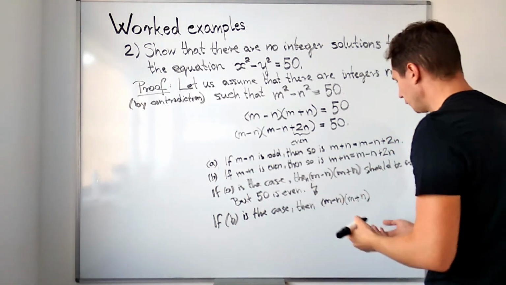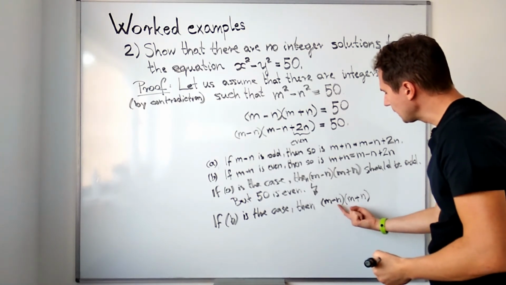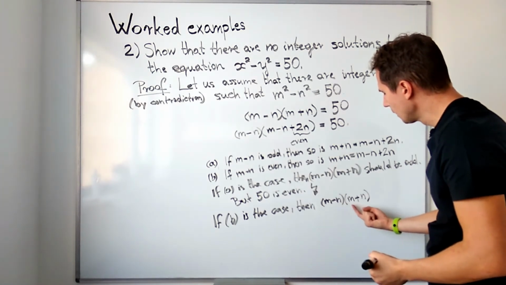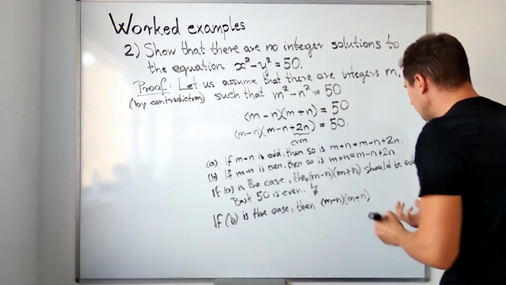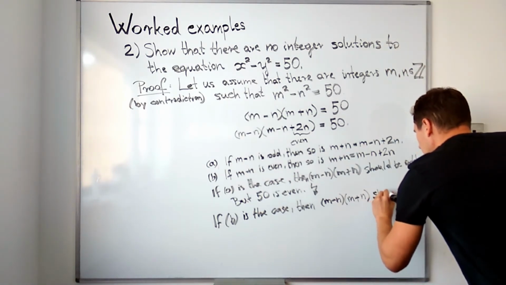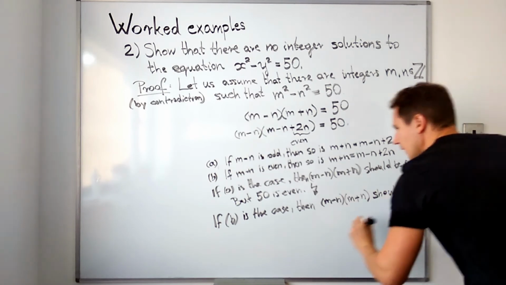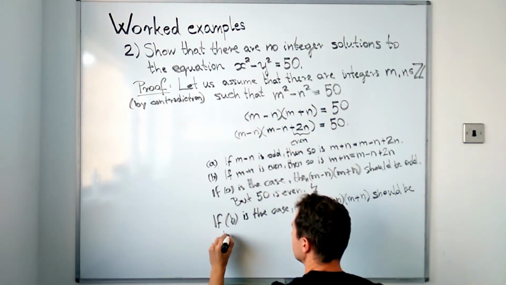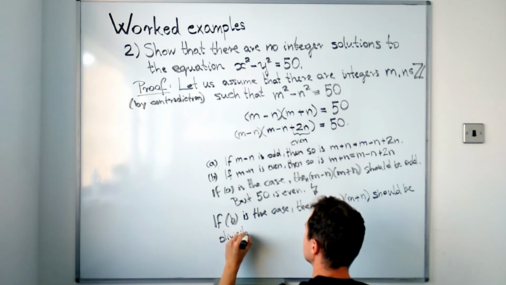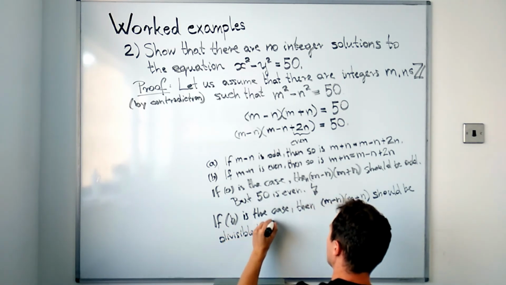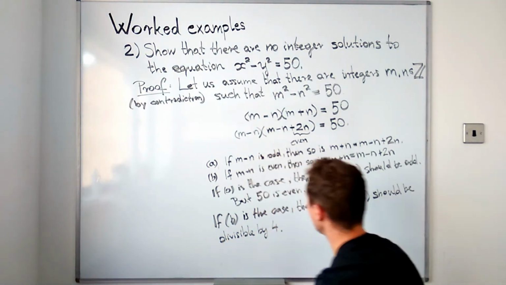So if we multiply two even numbers, each divisible by 2, then the product should be divisible by 4. And I hope you already see the contradiction.